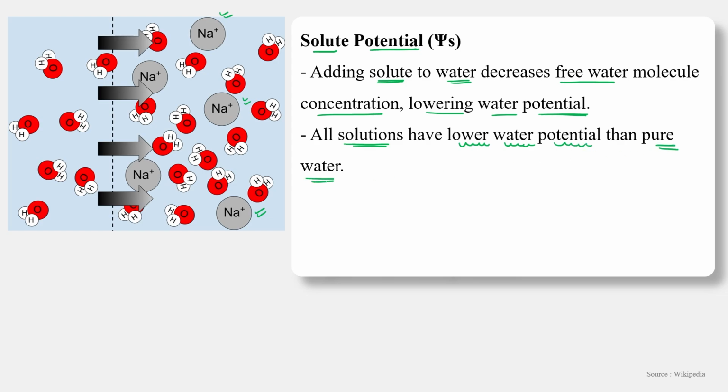As in the previous slide we discussed, pure water, in which no solute is dissolved, has the highest water potential, that is 0. So obviously all solutions have lower water potential than pure water. Clear? So solute potential is always negative.